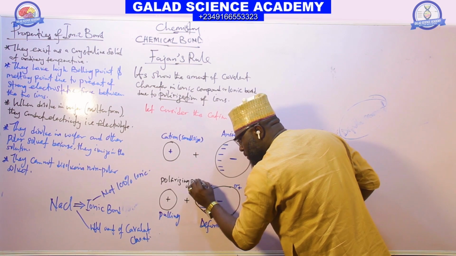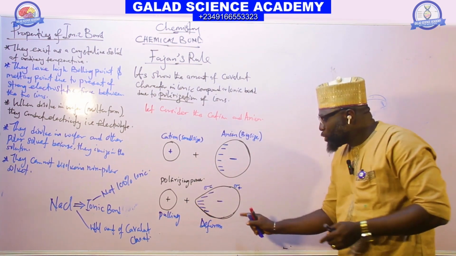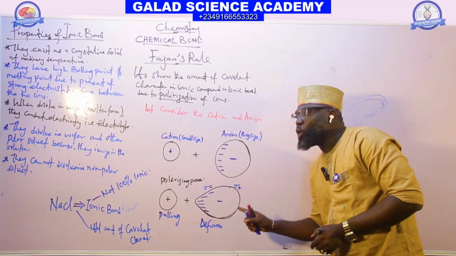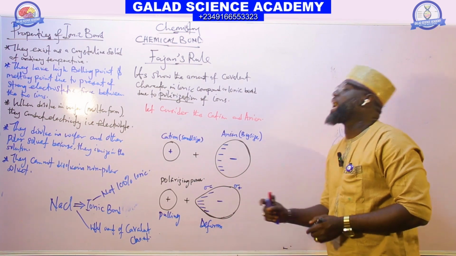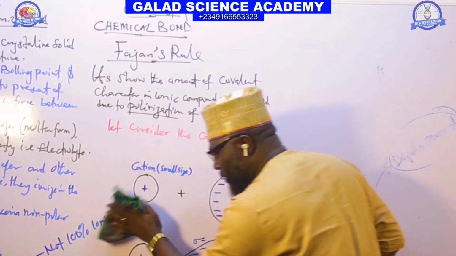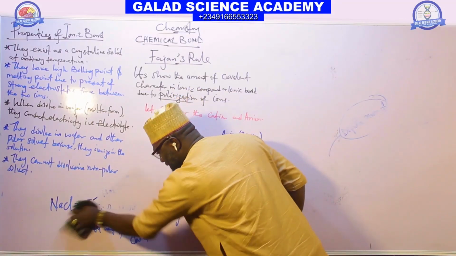The deforming ability of the anion, we call it polarizability. Let me clear this place first. I'm not satisfied with this. Polarizability.